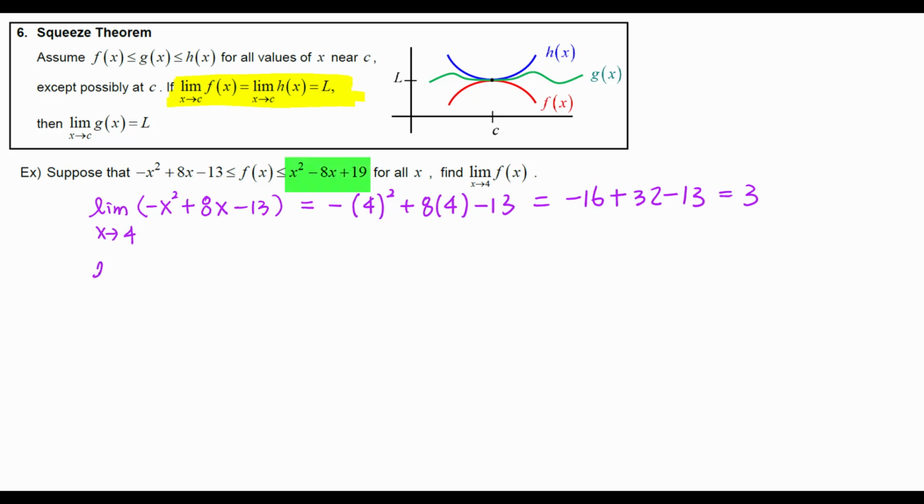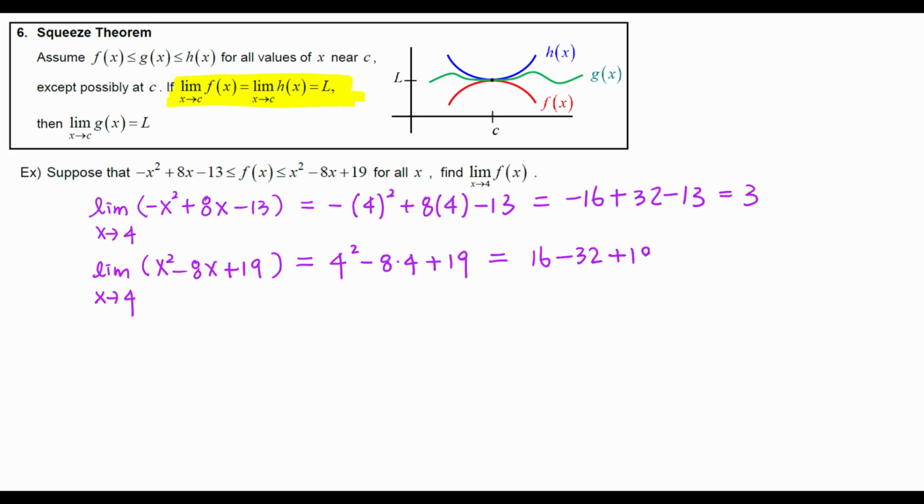Now, how about the limit of the highest function, x squared minus 8x plus 19, as x approaches 4? Again by direct substitution, I have 4 squared minus 8 times 4 plus 19. It's 16 minus 32 plus 19, which is again positive 3.